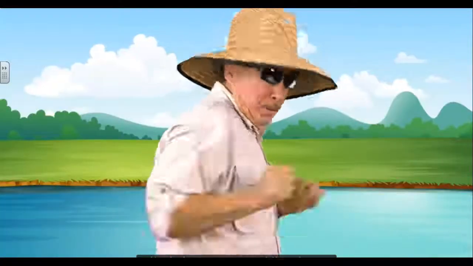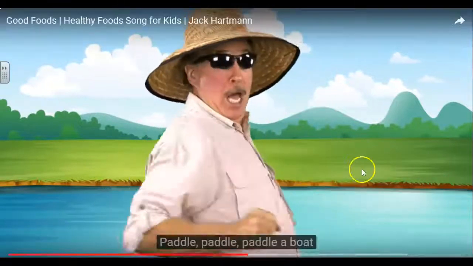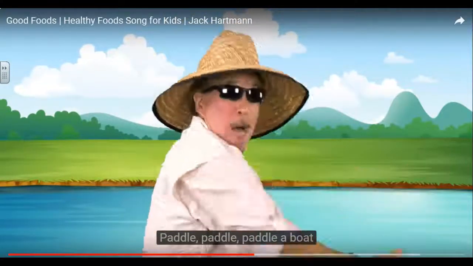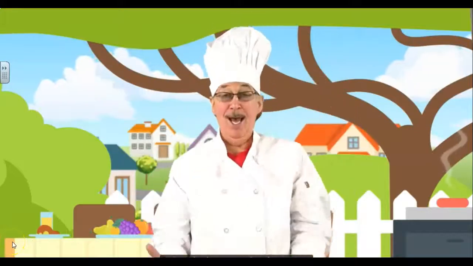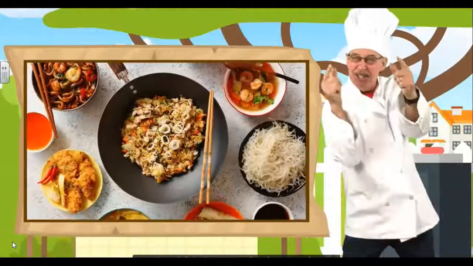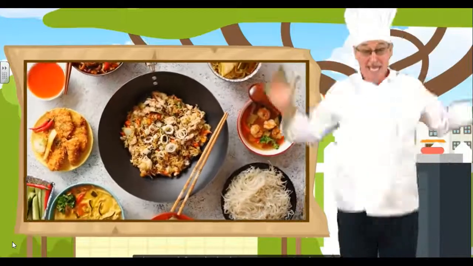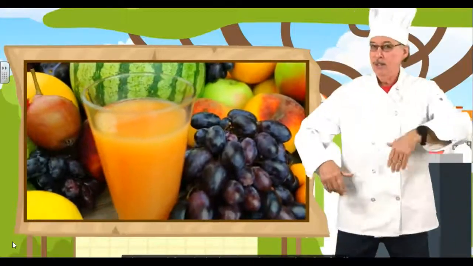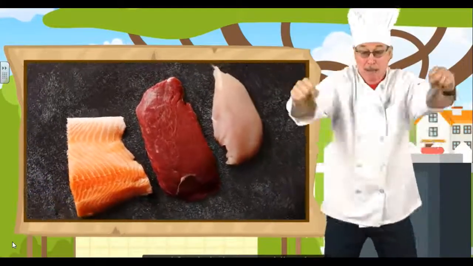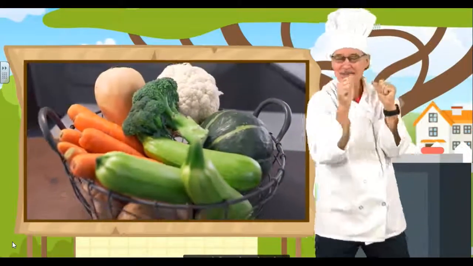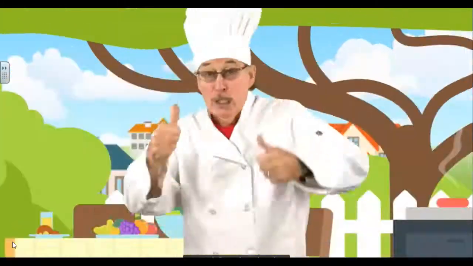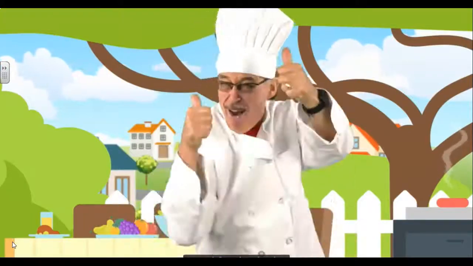What helps your hands shoot a basketball? What helps your arms paddle a boat? Good foods help you jump in the air, shoot a basketball, and paddle a boat. Good foods, all right.